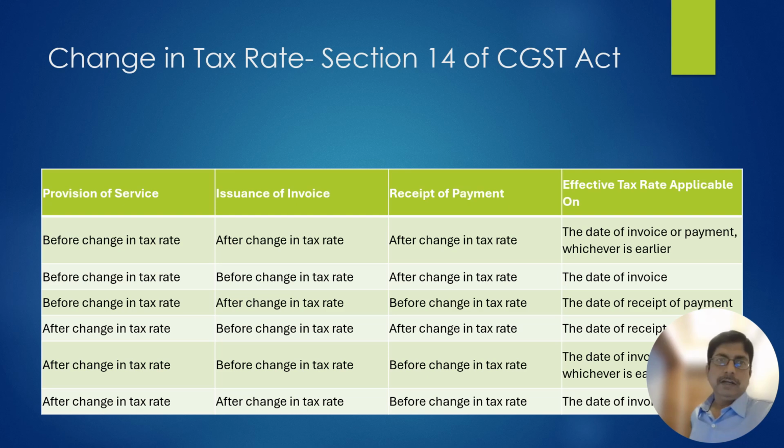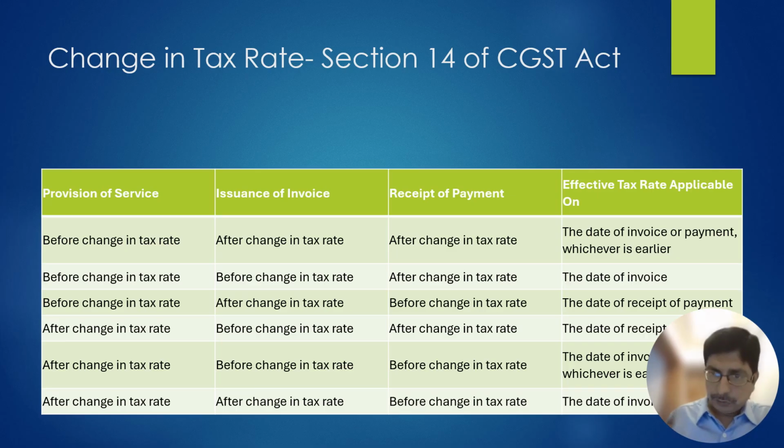Now let's see, there is one more concept: change in tax rate. I have to make the thing simple for you. There are 3 events when there is a change in tax rate. Correct? What are the 3 events? 1. Provision of service. 2.